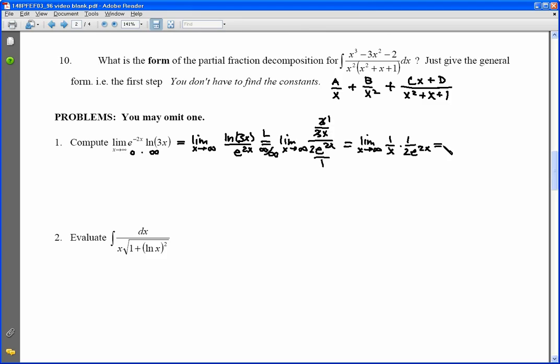So this is then just limit x goes to infinity, and multiply those fractions straight across. So this is 1 over 2x e to the 2x. Both of these things are going to infinity on the bottom. This is form number on the top over infinity on the bottom, and number over infinity is a determinate form. This guy goes to 0.